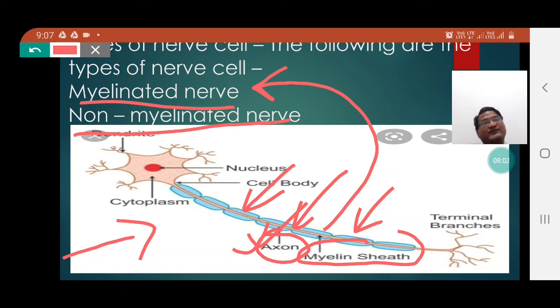And if this myelin sheath does not remain present, then that axon is called non-myelinated nerve. That nerve which lacks the myelin sheath is called non-myelinated nerve.